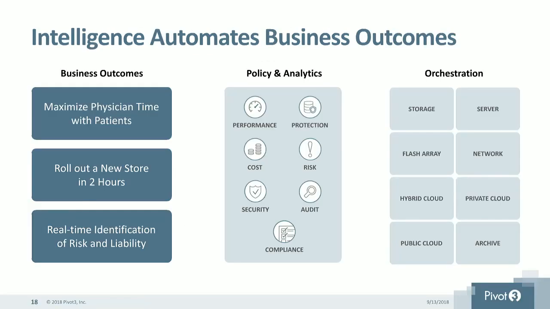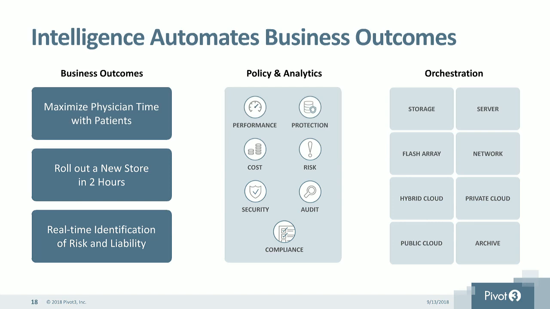And so some examples of how we're helping customers through our automation and intelligence, really it's about how do we help them achieve their business outcomes. What you see listed there on the left are some real Pivot 3 customer examples of how we've helped them achieve business outcomes through our software and technology.